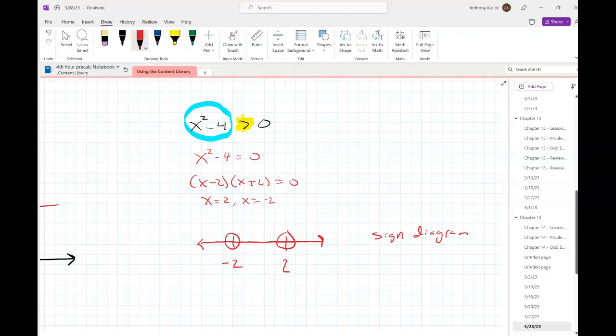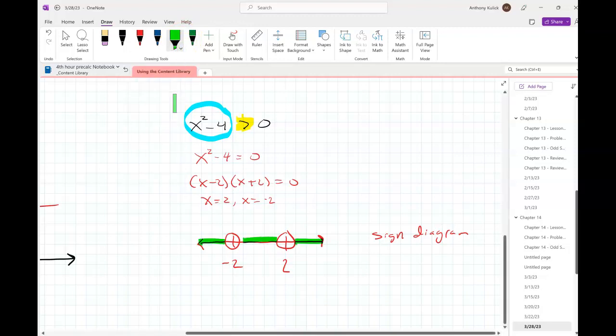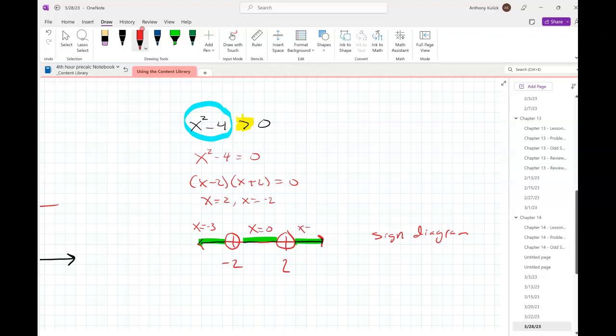And then I'm going to be concerned about each of these three intervals, right? So I'm going to pick a test value from each of those three intervals. It doesn't really matter what it is. So maybe I'll pick -3, that's less than -2. I'll pick 0, that's between -2 and +2. And I'll pick +3, that's bigger than 2.